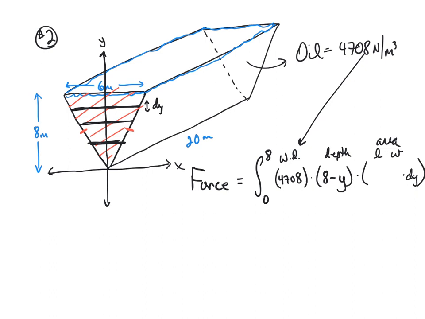Then the other one is going to be the horizontal measure. And of course, you can see that that varies. At the tippy top, we know that the topmost layer is 6 meters long, but towards the bottom, they get smaller and smaller.